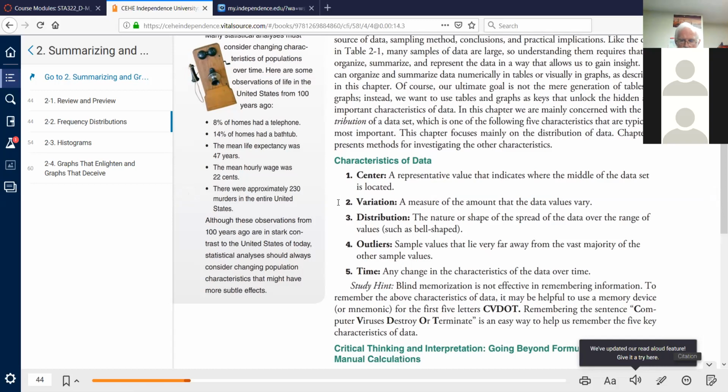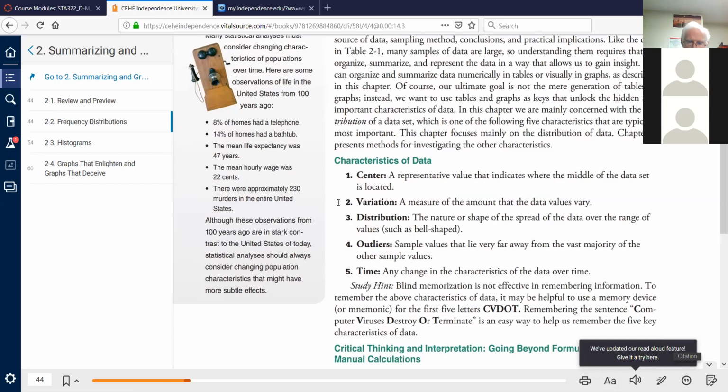The distribution is the nature of the spread. You've all heard the bell-shaped curve. In a normal distribution, you're going to have most of the data being concentrated in a narrow area of a bell shape, and then we'll get samples at the extremes.